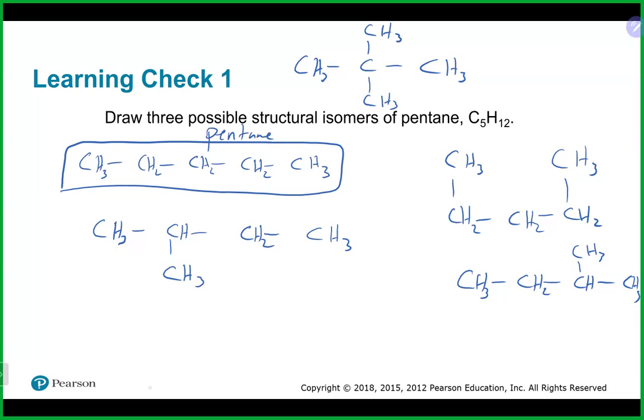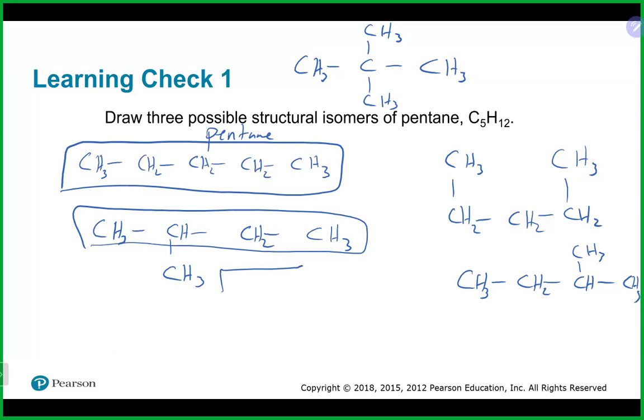Next one I drew underneath. That is basically 4 in a row. Could also get 4 if you start here and go that way as well, whichever way you want to do it. That 4 in a row is the longest carbon chain with 1 methyl group hanging out. So 4 carbons in a row is butane, right?